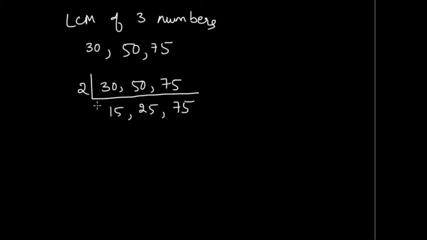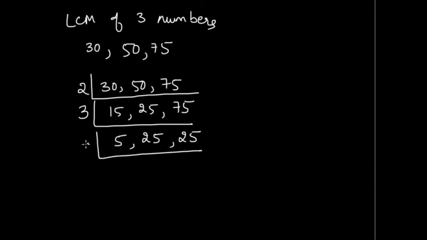Notice now we have no more even numbers, so there's no point in going for 2 again. Let's do the next highest prime number, which would be 3. So 3 divides 15 and 75. So 15 by 3 is 5. 25 you cannot really divide by 3, so we write down 25 as is. And 75 divided by 3 is 25.